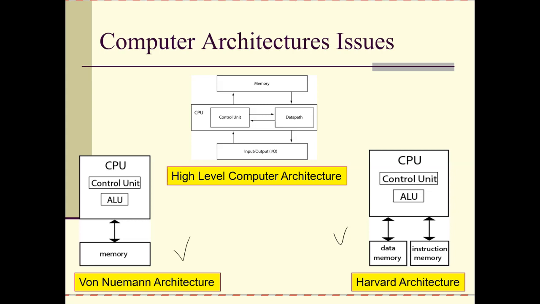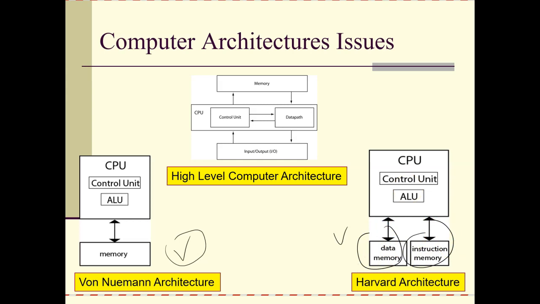The difference between these is, in a von Neumann architecture, there's only one memory shared by both data and program. In a Harvard architecture, there are 2 memories, one for data and one for program.